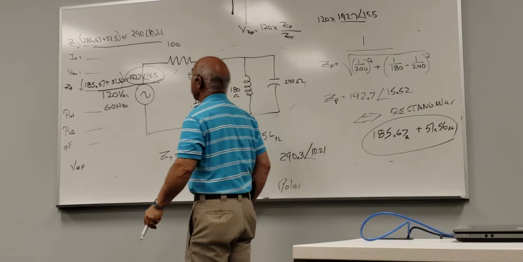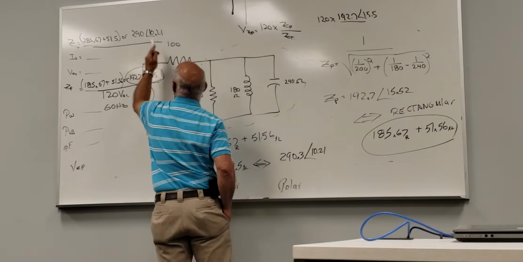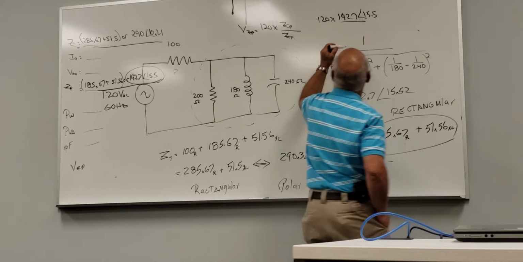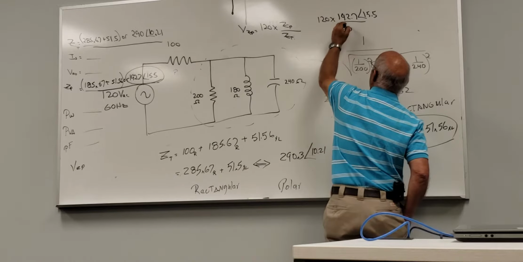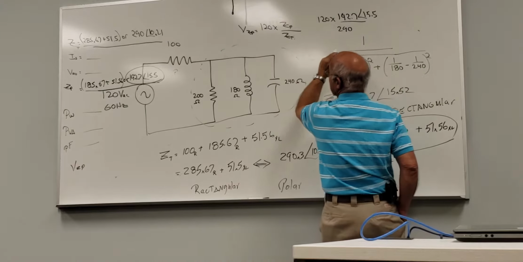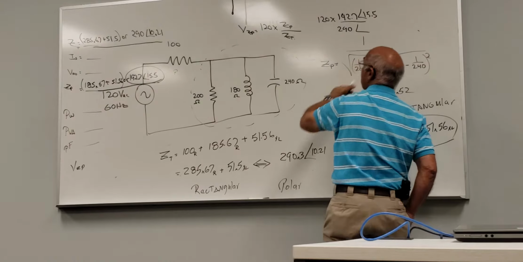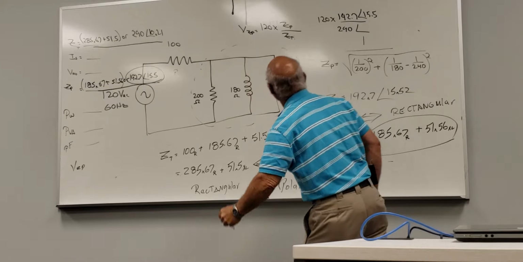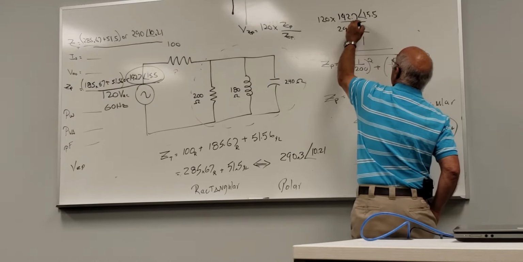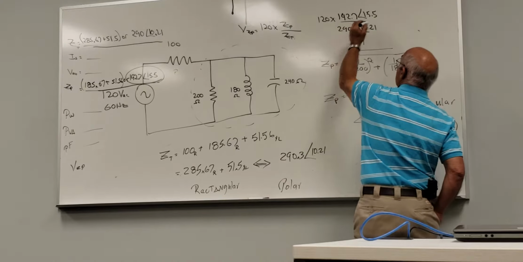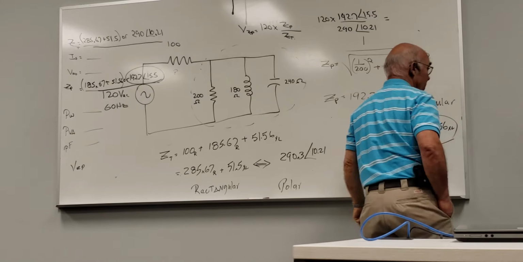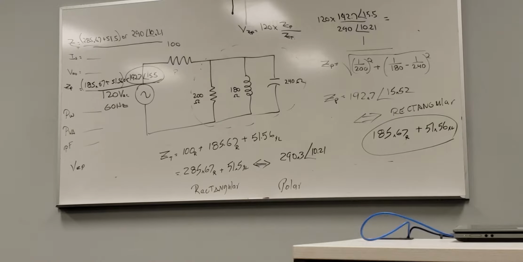The total impedance is 290 at an angle of 10.21. That will give me the voltage across the parallel part.